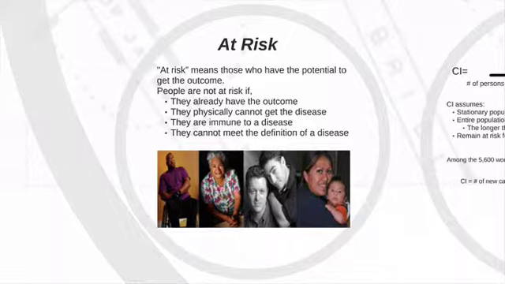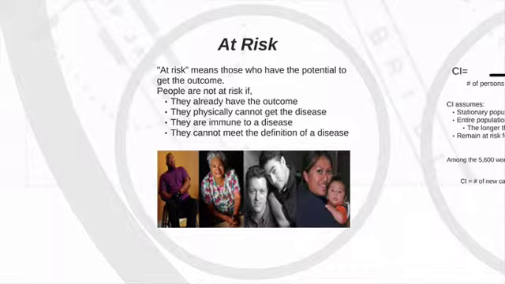So what we mean in this sense is that at risk means those that have the potential to get the outcome. People are not at risk for outcome if they already have the outcome, right? And this is true primarily for diseases that can't reoccur. So if someone has already been diagnosed with type 2 diabetes, they're not going to get re-diagnosed.